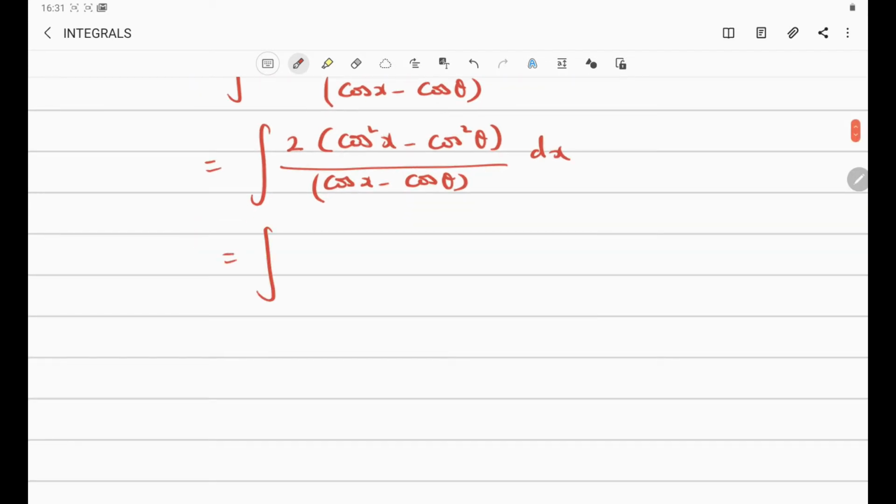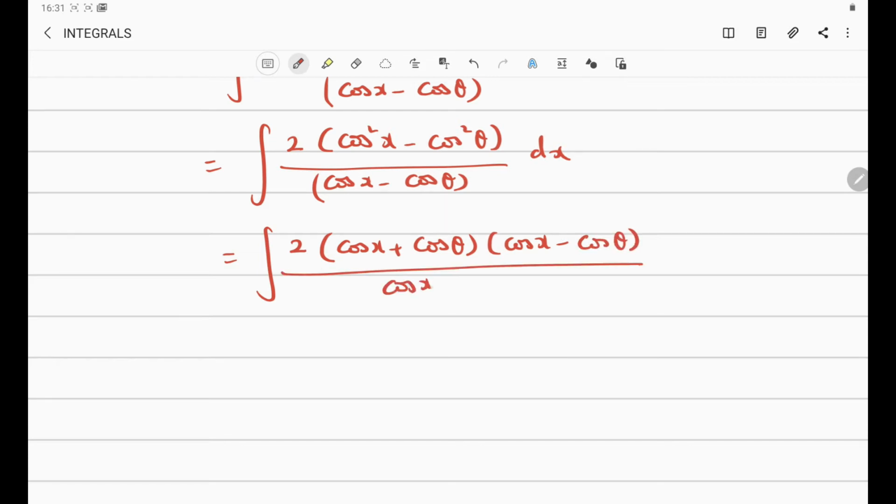Now, this is in the form of a square minus b square. So, cos square x minus cos square theta can be written as cos x plus cos theta into cos x minus cos theta, divided by cos x minus cos theta dx. So, cos x minus cos theta gets cancelled.